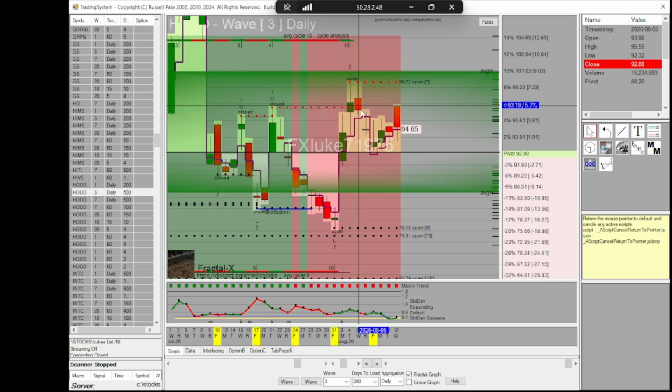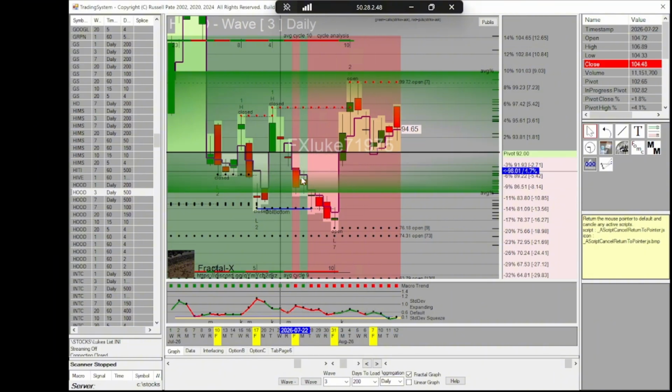If you'll notice, in this pattern, the vector comes up, we get below, both price and vector reset to the pivot, but we don't get an L1. This is not a super common occurrence across a single stock or wave aggregation, but you'll find it fairly common across multiple tickers and multiple wave aggregation combinations.